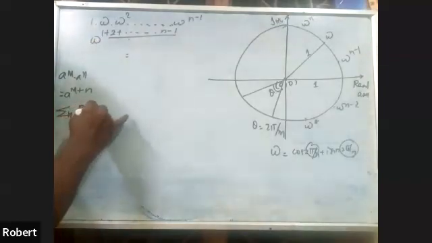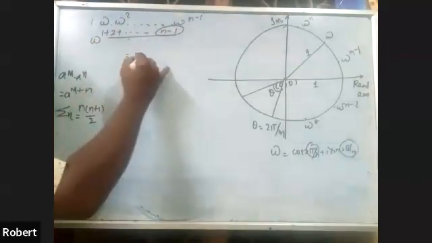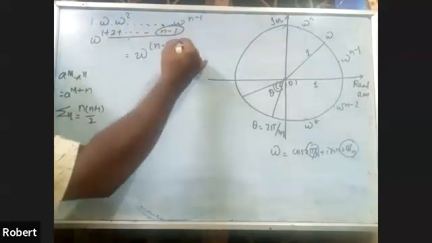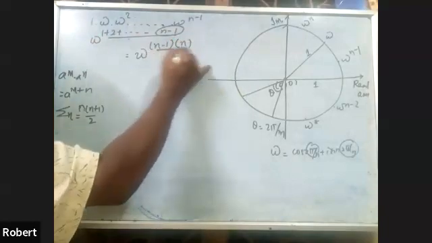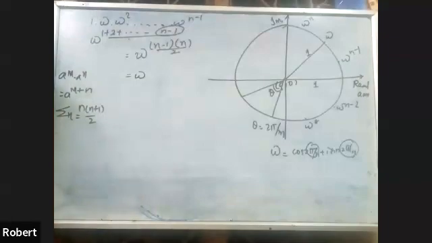Here, your n is n minus 1. Now I can write n minus 1 into n minus 1 plus 1 becomes n divided by 2. Now you can write this as omega power n into n minus 1 divided by 2.